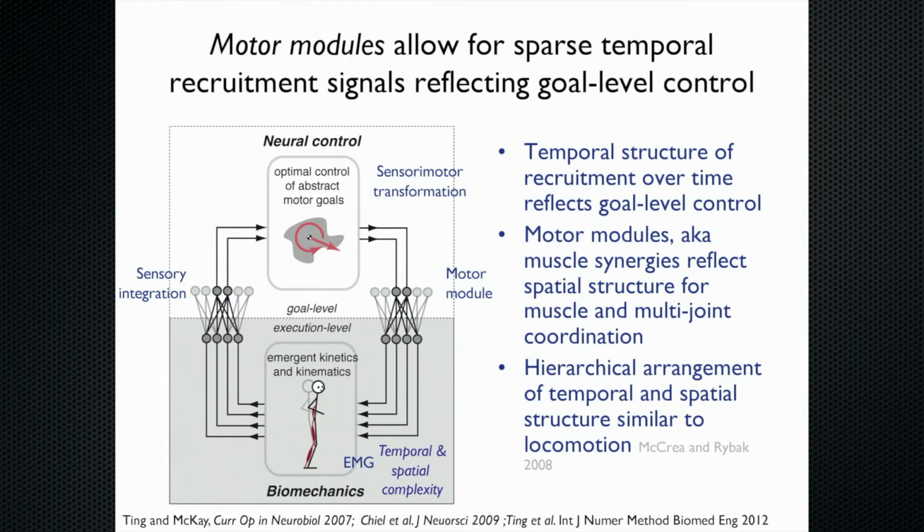And so the decision making that you have to do on a very fast time scale can be done at the level of the motor goal that I want to achieve and not necessarily thinking about individual muscles. So that's why we think that they're useful, and that from a neural control point of view, this type of hierarchical arrangement has been shown in spinal cord control of locomotion.